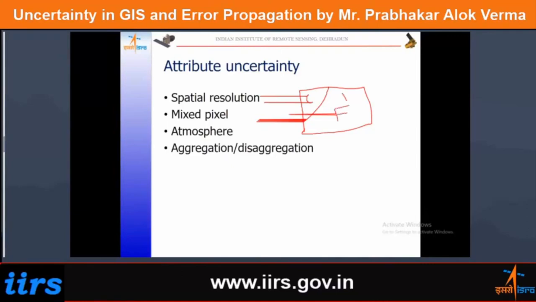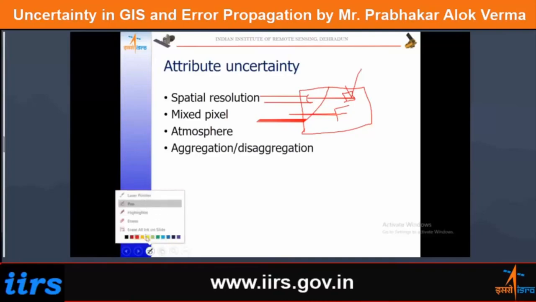Whatever pixels fall in the region where it is completely forest are pure pixels. Pure pixel means the signature, or reflectance, is coming from a single class, a single object. So that is a pure pixel.